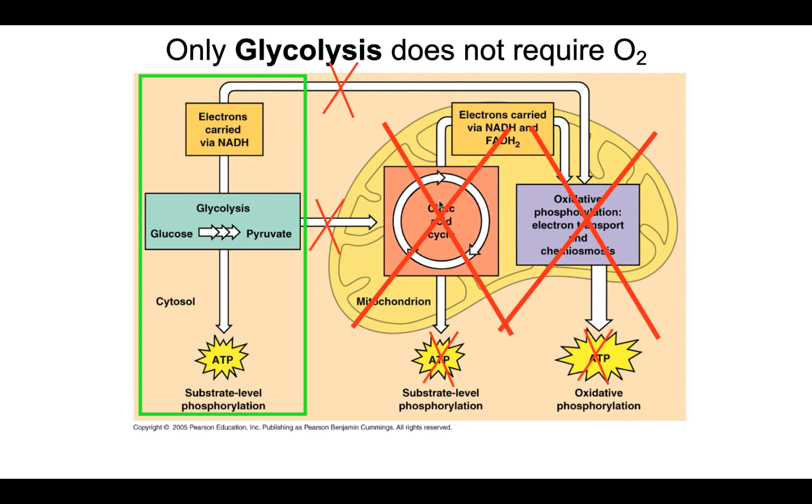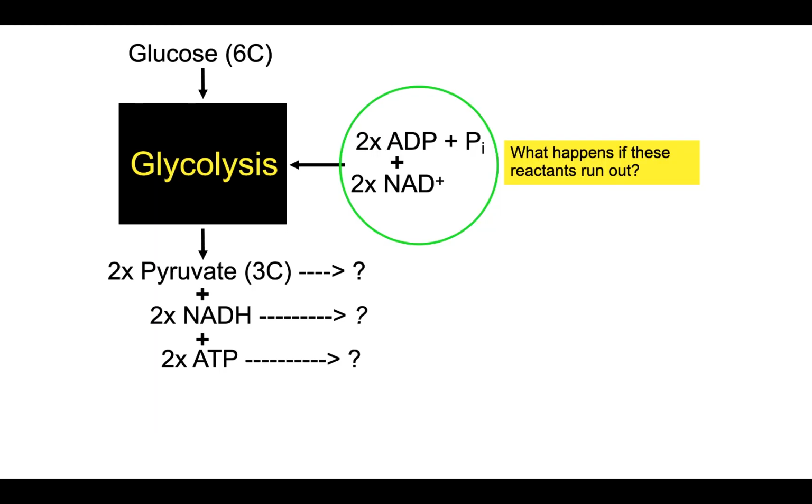The citric acid cycle shuts down without oxygen. The only thing that is not dependent on oxygen is glycolysis and those 2 ATP that are produced per glucose that's converted to 2 pyruvate. But even glycolysis in the absence of oxygen would shut down for this problem here.